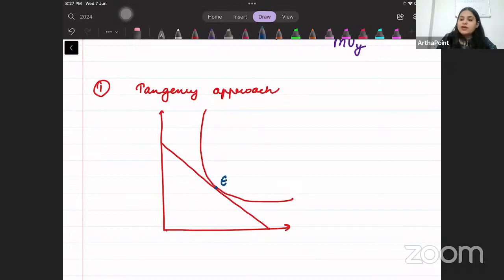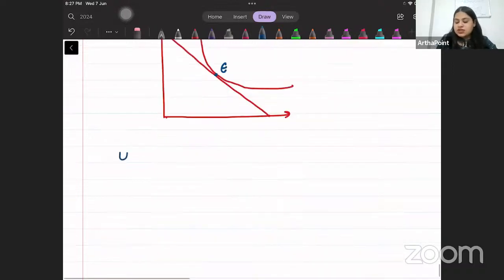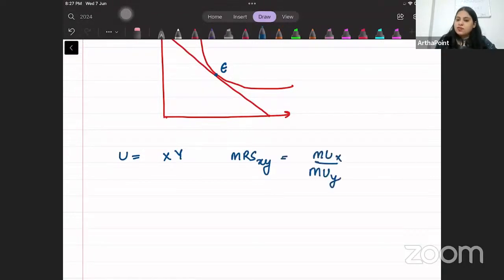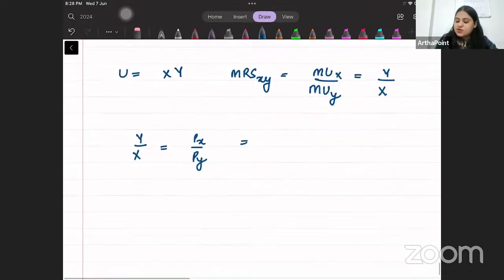So if my utility function is x into y, MRS will be MUX by MUY. When you differentiate it with respect to x, you get y. With respect to y, you get x. So y by x should be equal to px by py. And this gives you y into py is equal to x into px.